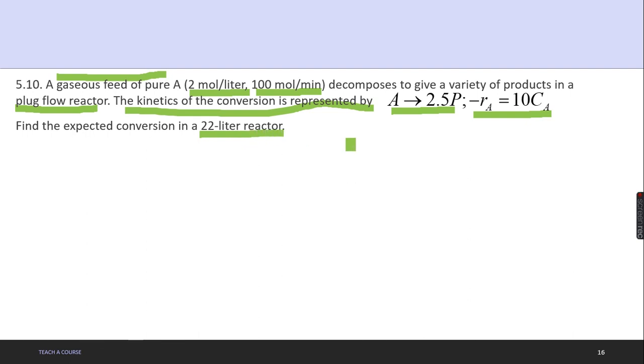Our equation will remain unchanged, and we need to calculate epsilon. When A is 100% converted, 2.5 P will be the volume. Starting with 1, if all A is converted it becomes 2.5, so 2.5 minus 1 by 1, which is 1.5, the value for epsilon.